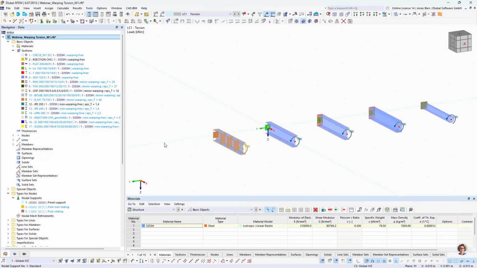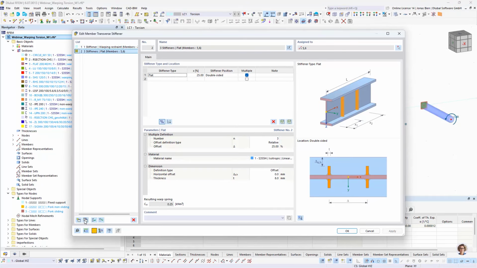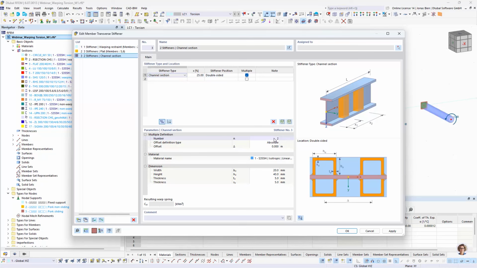We can also check the influence of the stiffener shape, because that can also be interesting. So let's add one option where we don't use flat stiffeners, but channel sections or U sections as stiffeners, because these form closed cells along the beam length.